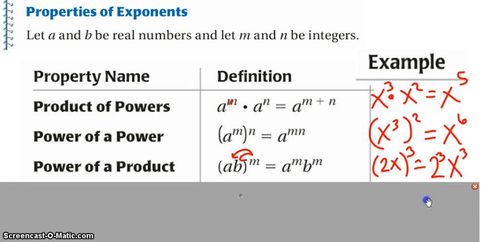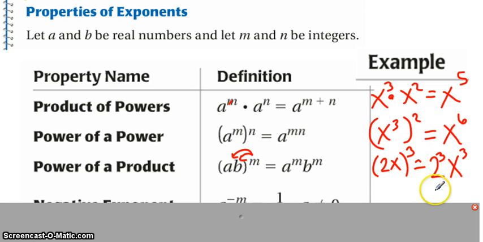And you have to simplify that, of course. 2 to the 3rd would be what? 8, right? So it'd be 8x cubed. That would apply if, instead of a 2, it was a different letter like y, or if it was a and b, like that example there.